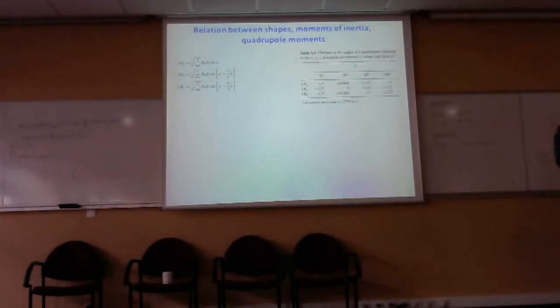For a prolate, you have to elongate it in one and squeeze it in two. So that's the difference between prolate and oblate. Okay, so that gives you some feeling for the shapes.